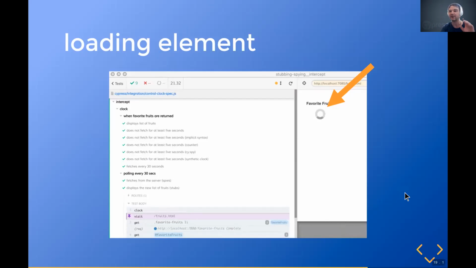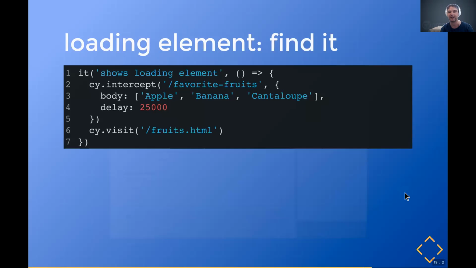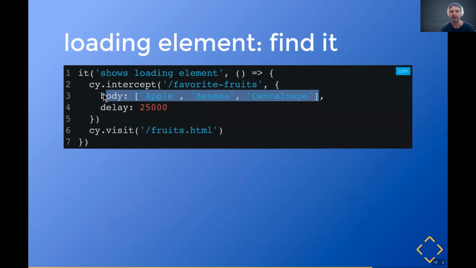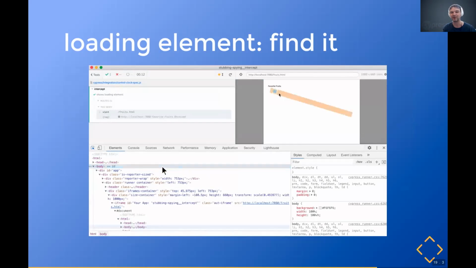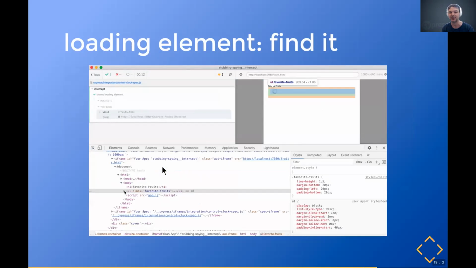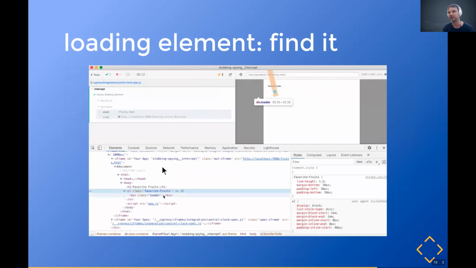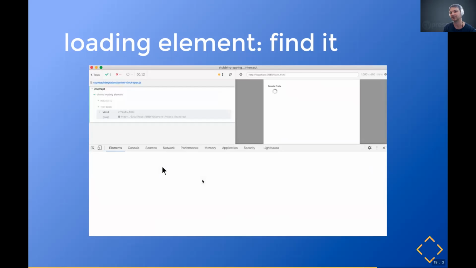So first thing, I have to find the selector. I have to find how to find that element. So what I do, I use a built-in option in cy.intercept called delay. I'm stubbing the network call, but I'm saying reply with this response after 25 seconds. Then I open DevTools and start inspecting things, and I find, oh, this loader just has a class loader.